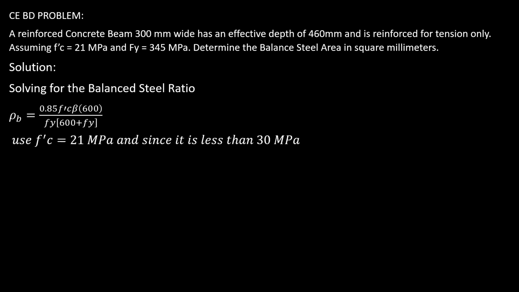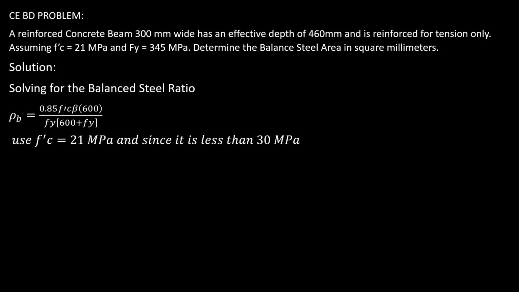But before we start the solution process, let us not forget this. We can use f'c equals 21 megapascal, and since it is less than 30 megapascal, we can now compute for our balanced steel ratio. Why? Because we already have a given for beta, that is 0.85.